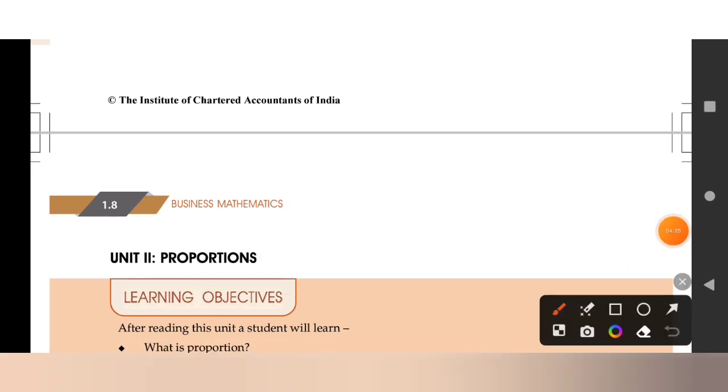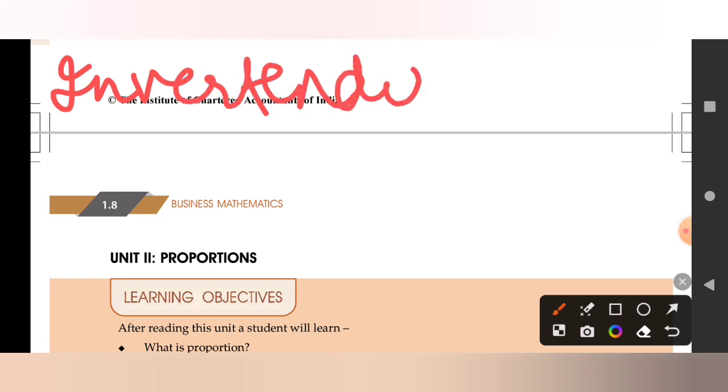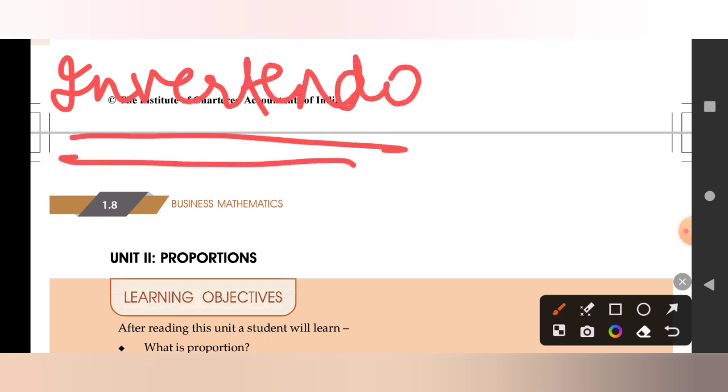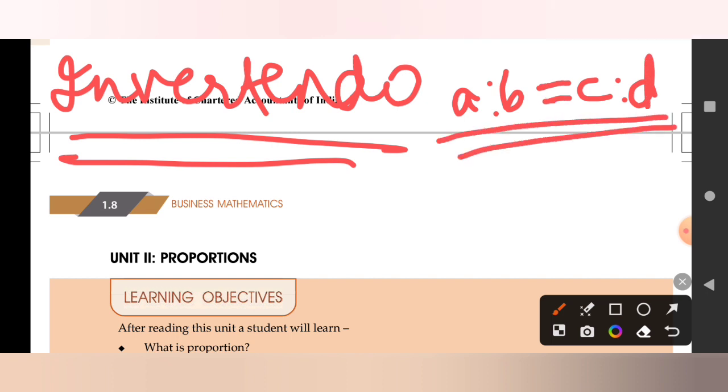The second property you are going to study is invertendo. What do you mean by invertendo? Suppose A is to B and C is to D. These two ratios are equal, which we call a proportion.